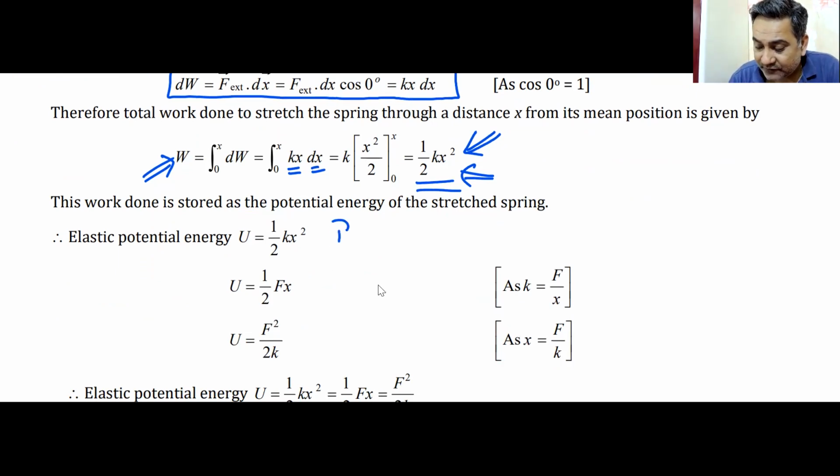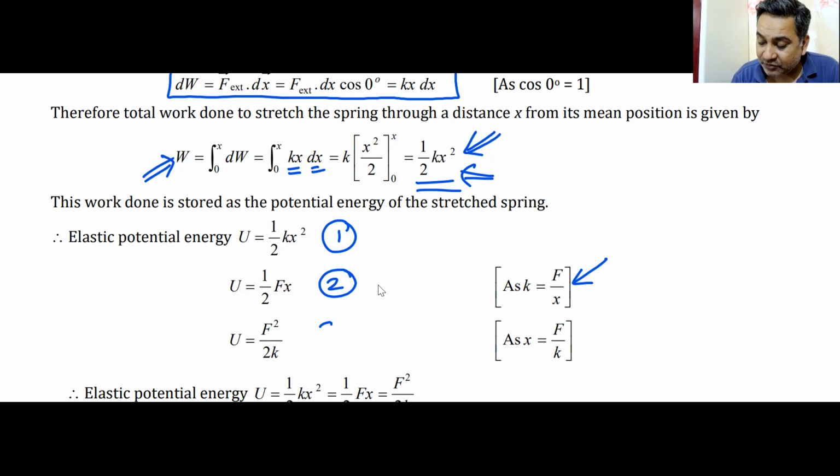The first formula we are all aware of is half kx squared. The second formula, which you had to find out on your own in the paper, was half f into x. How does this formula come? You just substitute k as f by x.